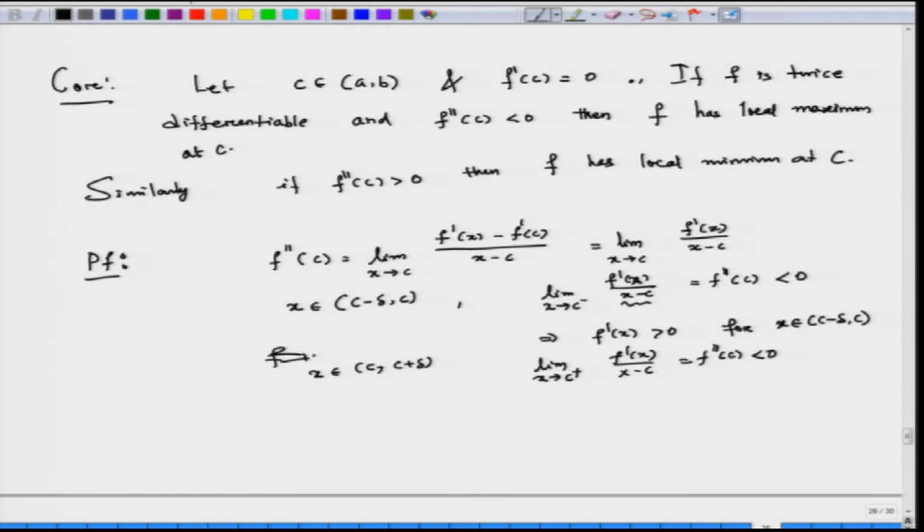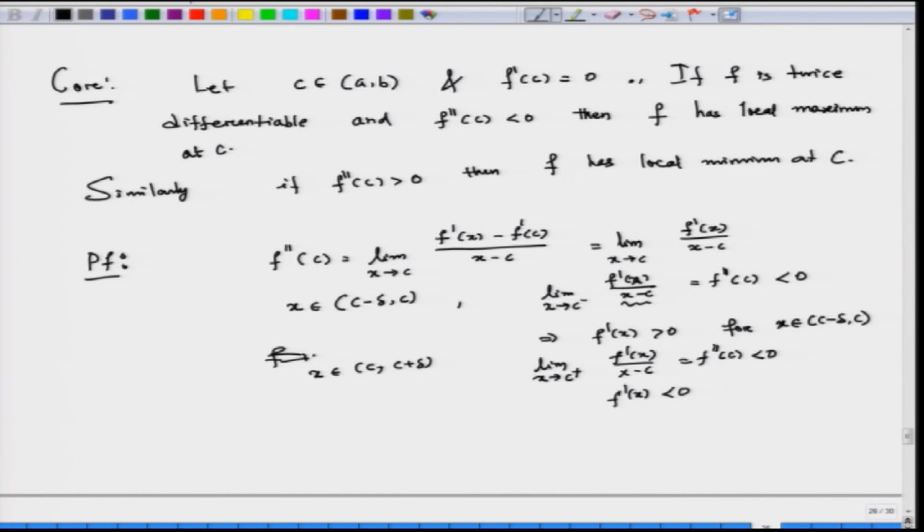That means essentially that f prime of x is going to be a negative number. That means, on the right hand side neighborhood, f prime is negative, and on the left hand side f prime is positive.